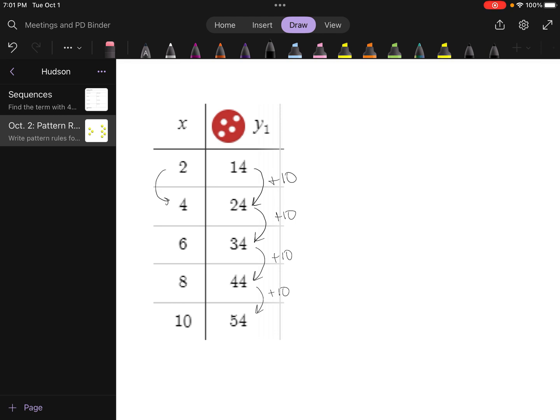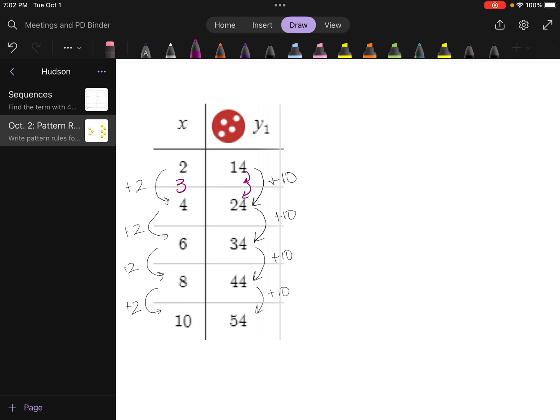And then I check my x's. This time, my growth seems to be a little different. Instead of adding by 1 each time, I'm adding by 2. So what I need to figure out is if I only went up one of those jumps, how much each of those jumps would be.